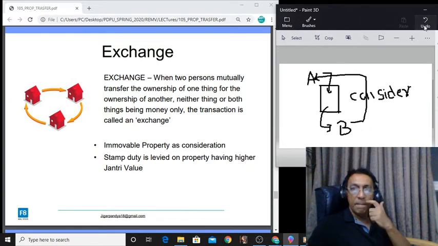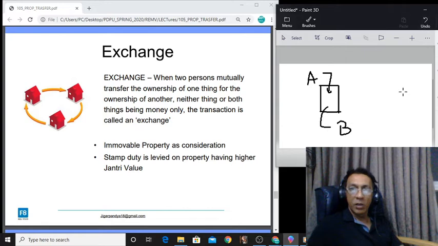So the consideration is not a legal tender, where B is not giving any money to A, but B is giving another property in exchange for this property. So these two properties are exchanged between two people through a single document, and that document is called an exchange deed.